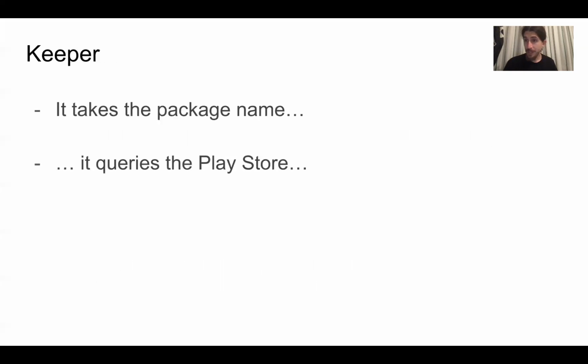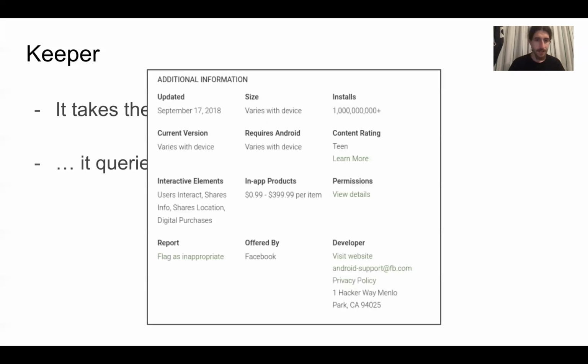Another password manager we checked was Keeper, and again it was a different technique. Very interesting. What these guys did was to take the package name and query the Play Store. If you go to the Play Store to get information about an app, you will see that the URL is something like play.google.com, and then id equals the package name.